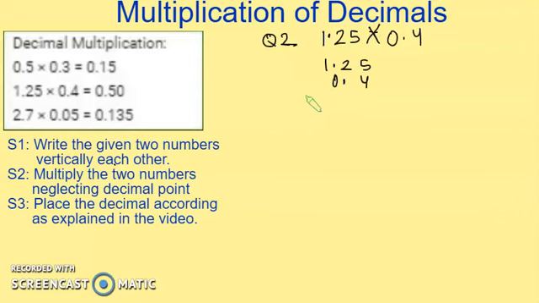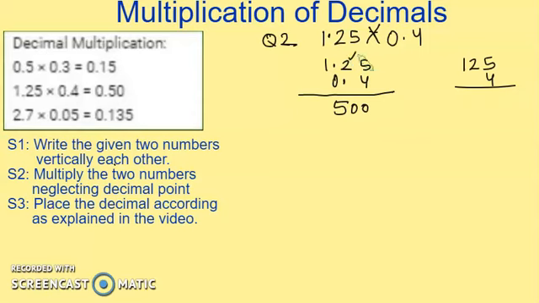So that is done, and then the next step is multiply the two numbers neglecting the decimal point. So if we consider them as the numbers 125 and 4, we have neglected the decimal point, and when you multiply it you get 500. So you write 500. And the third step is again to count the number of digits after the decimal.